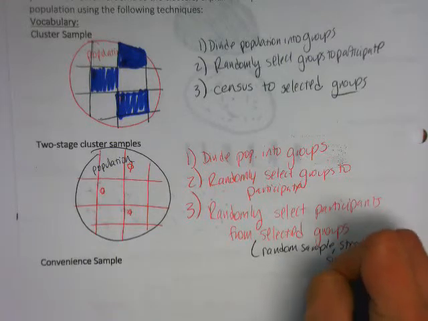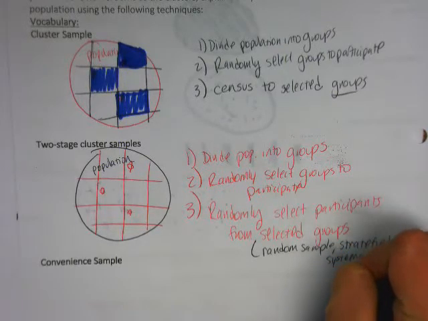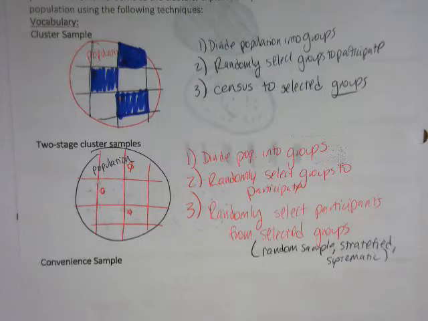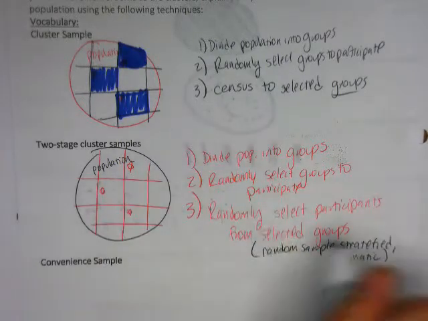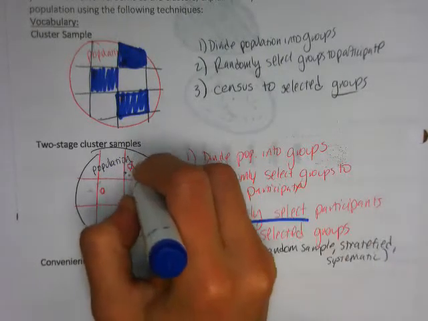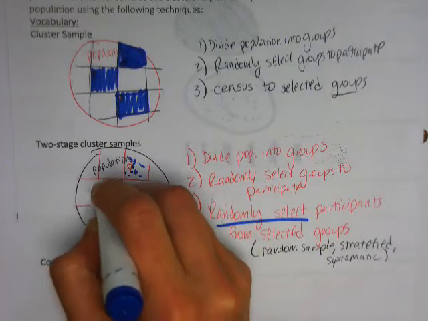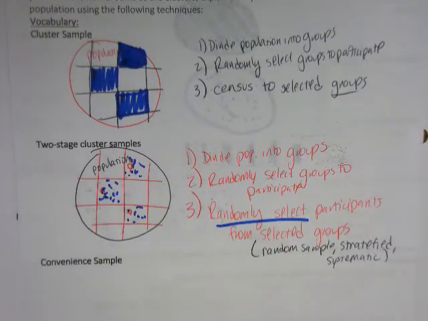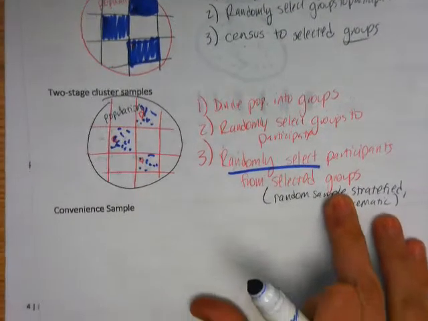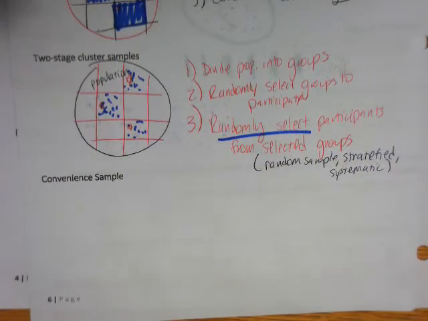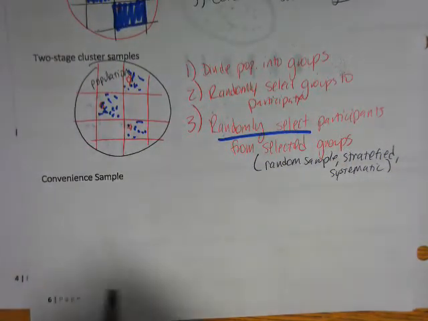I could do stratify. I could do systematic. Don't know. But to represent the randomly selected, I'm just going to do dots here. Okay, so not everyone in those groups participates.